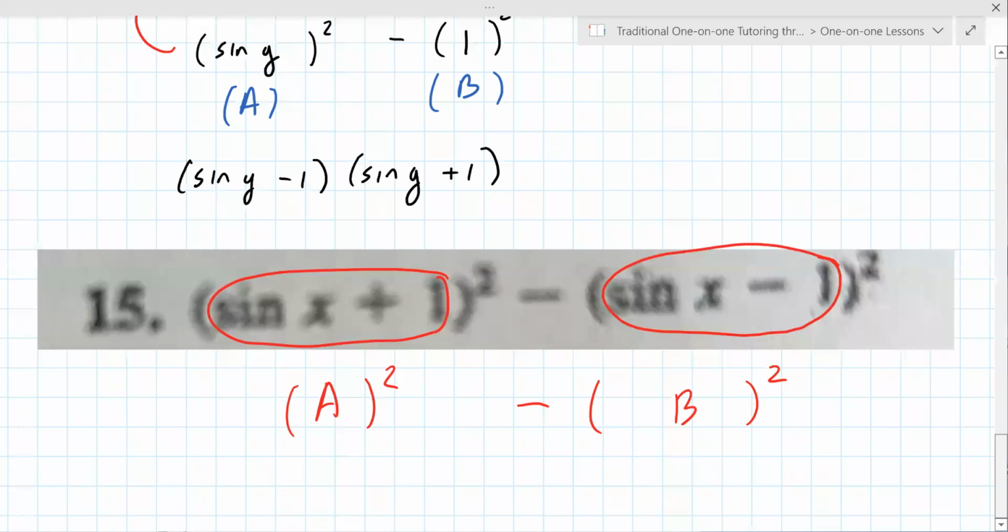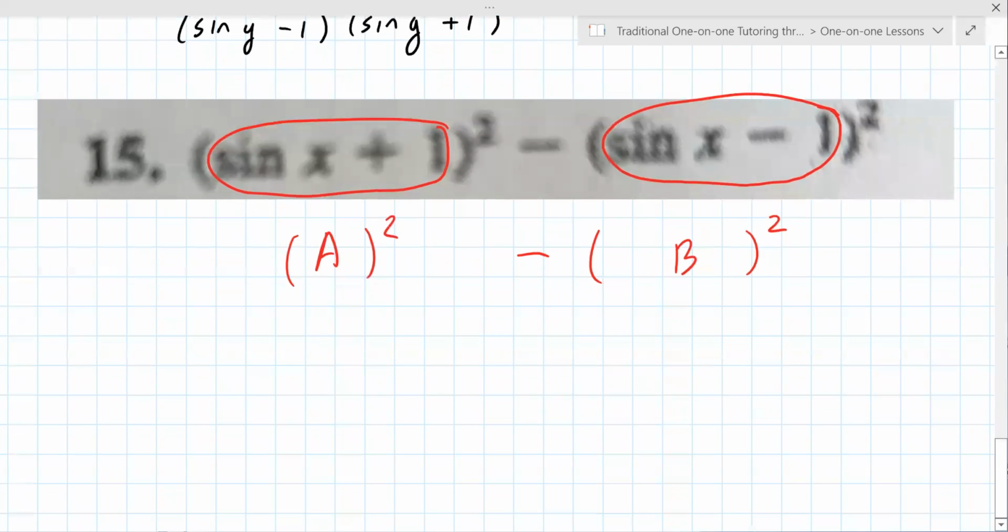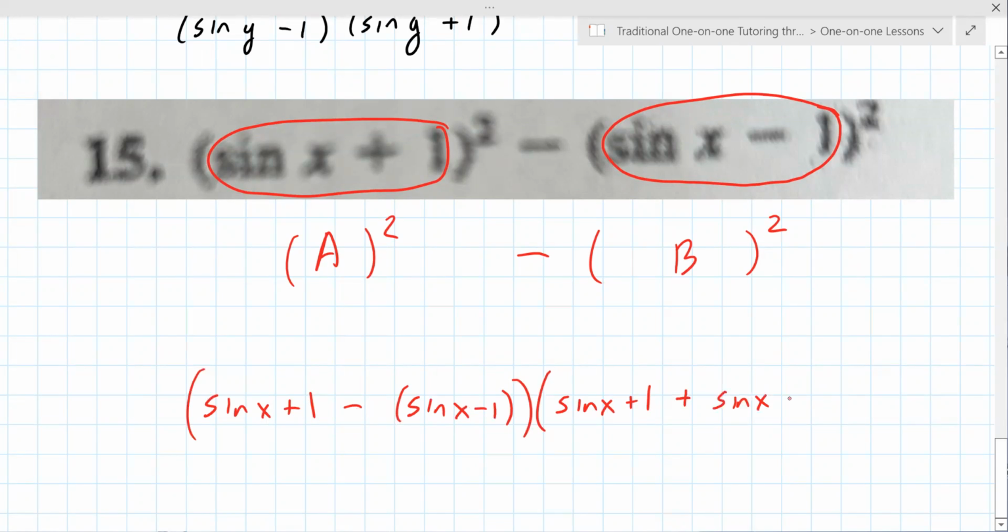All right, so this becomes sine x plus 1, that's the A, minus the B, and then you've got to do in parentheses sine x minus 1, times the same thing, sine x plus 1, plus, you don't need the parentheses with plus, sine x minus 1, like this.